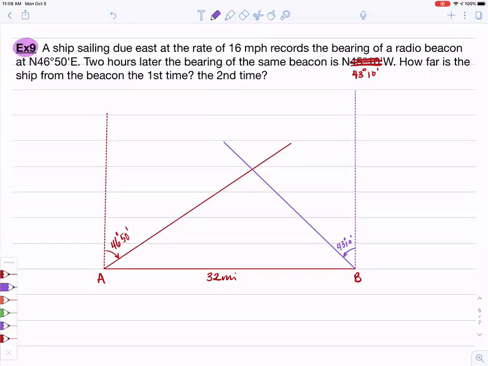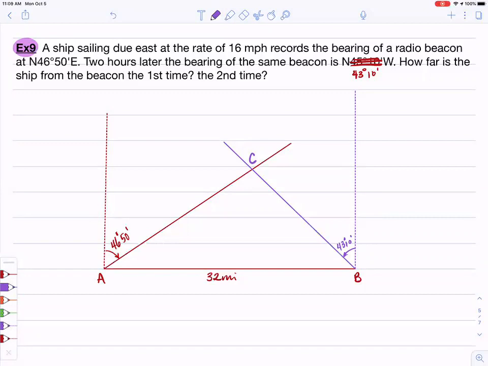What do you think is at the intersection of the red and the purple line there? It's the radio beacon. Yeah, let's call it C. Okay, so now it says, how far is the ship from the beacon the first time?